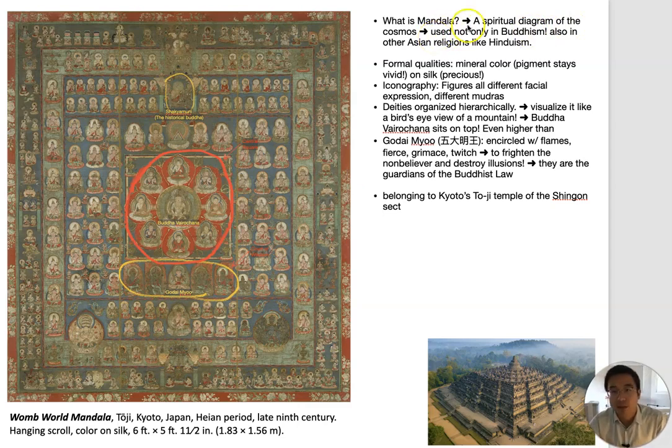And it's used not only in Buddhism but also in other Asian religions like Hinduism, and among many other Asian religions, and right there you already see the connections among all these different Asian religions.